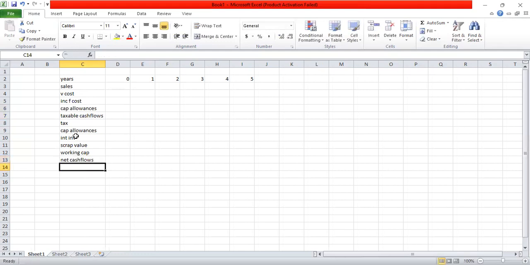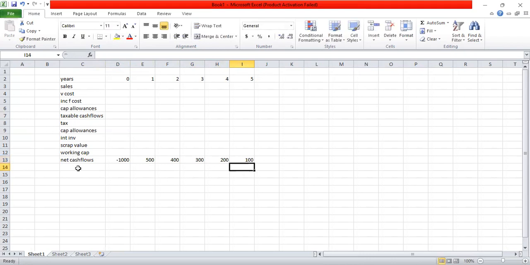For example, let us just assume that this cash flow is 1000, this is 500, this is 500, 400, 300, 200, and 100.